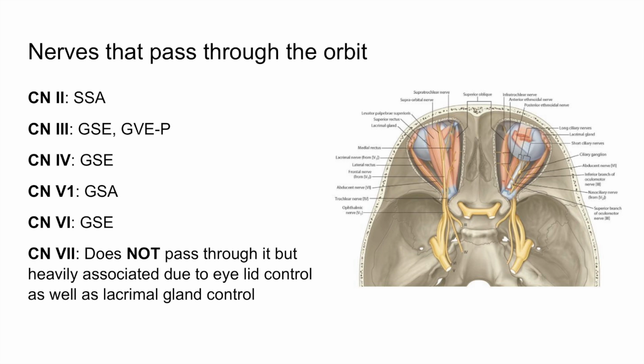So the clean framework is cranial nerve 2 for vision, 3, 4, 6 for eye movement, and then don't forget 3 also does those parasympathetics, V1 for the sensation of the eye, someone poking you in the eye, and 7 is the associated but not present guy. If you just remember that, you'll be all right. All right, so eye movement, vision, and then 7 because he loves giving people a ride.